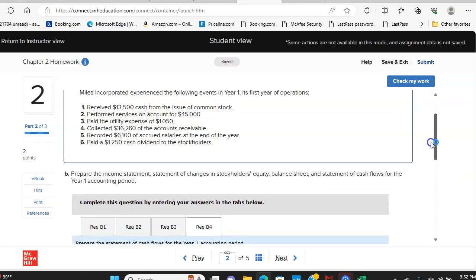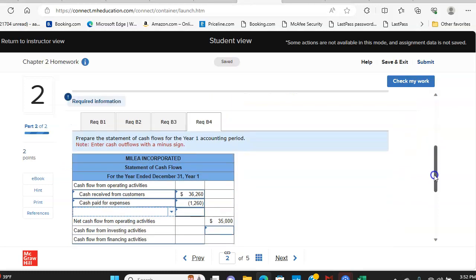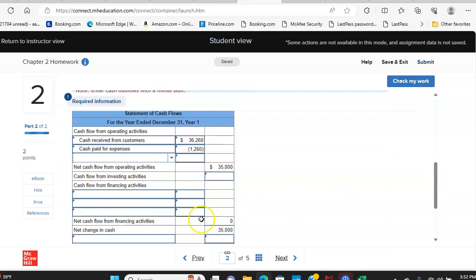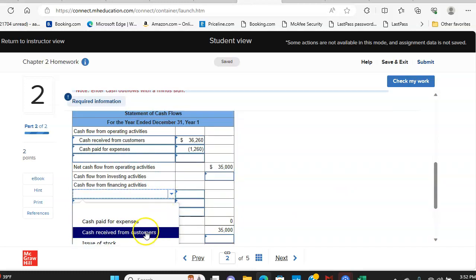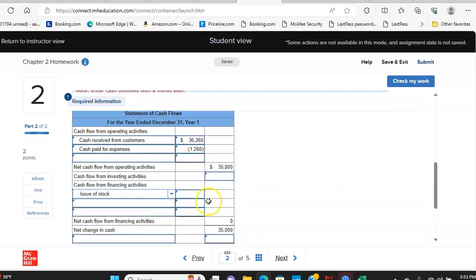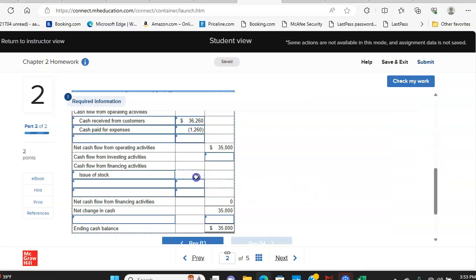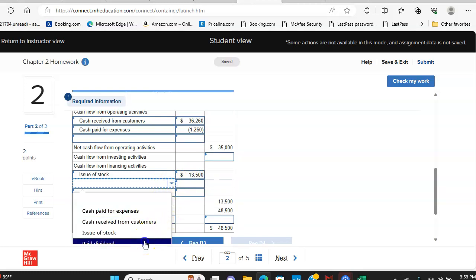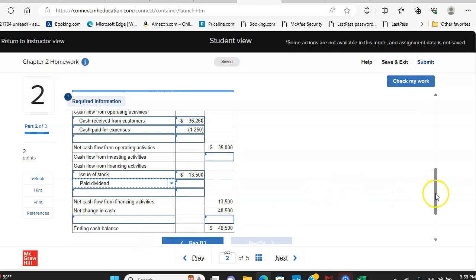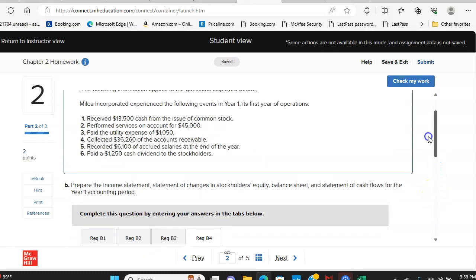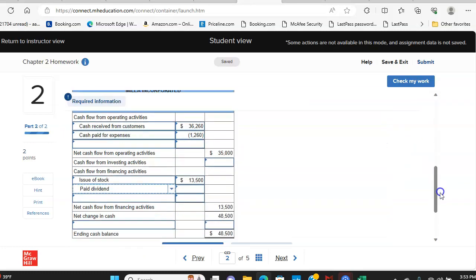There aren't any investing activities. So under my financing activity, I do see the issuance of common stock, and that amount was $13,500 in cash. We're almost done. And we paid out dividends, and the dividends paid totaled $1,250.